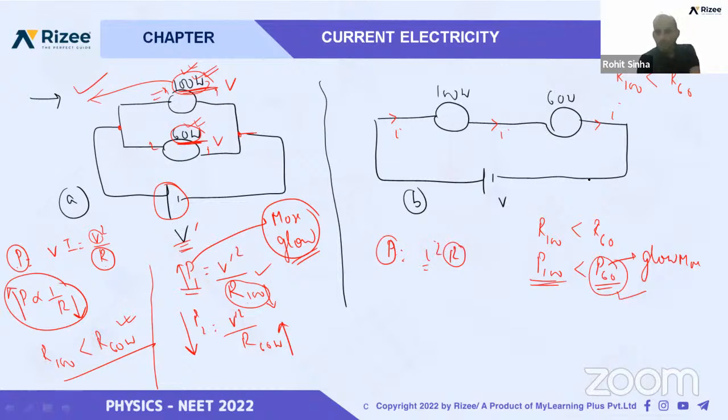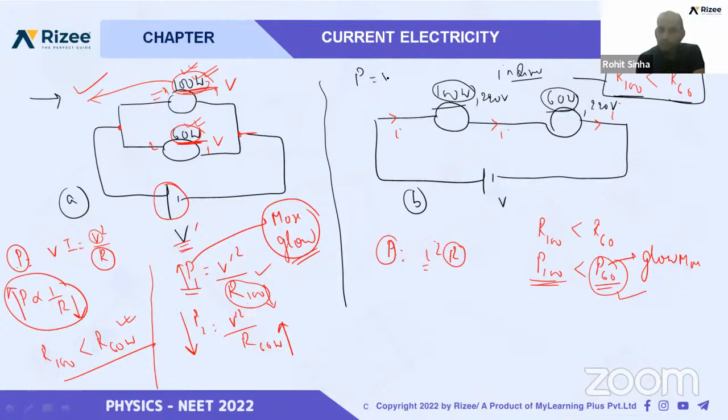Okay, see here. You know this thing. These are formulas for individual devices. We know for individual devices, when they are fabricated, when they are built, at the same time these ratings are done, and according to these ratings we use P is equal to... it is written like this: 100 watt and 220 volt, 60 watt and 220 volt.